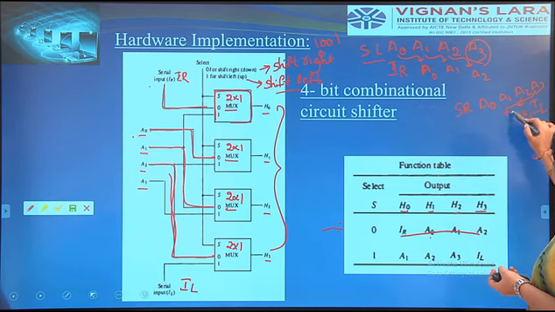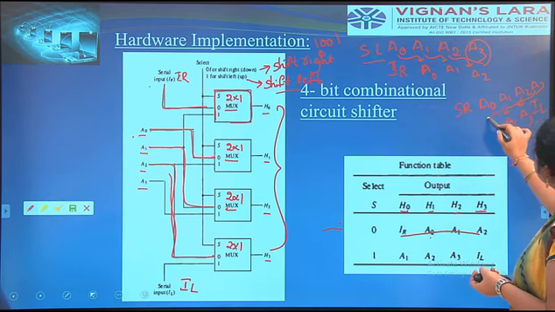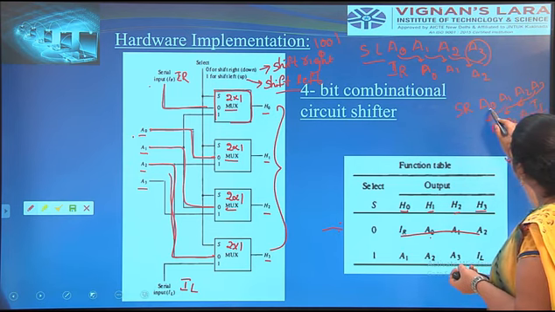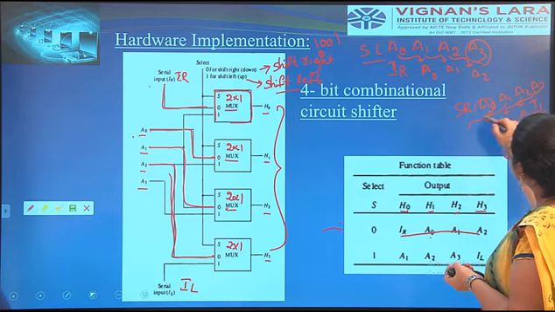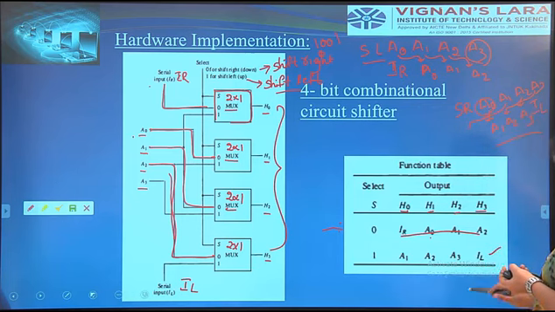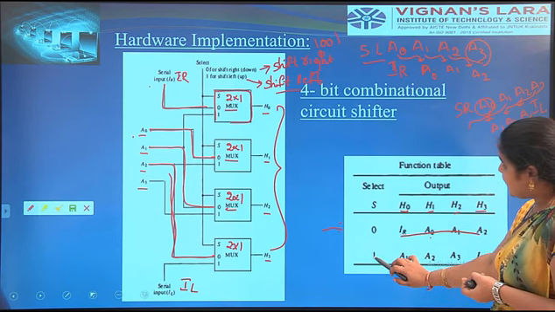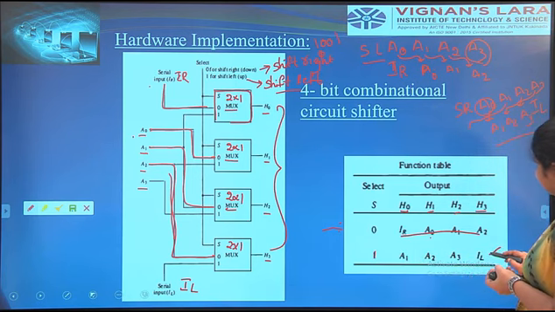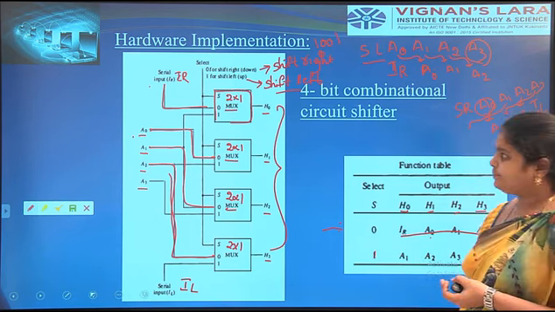The information is passed one bit to the left side: A3, A2, A1, and A0 is discarded. Like that, if the selected input line is 1, we place this as an output.